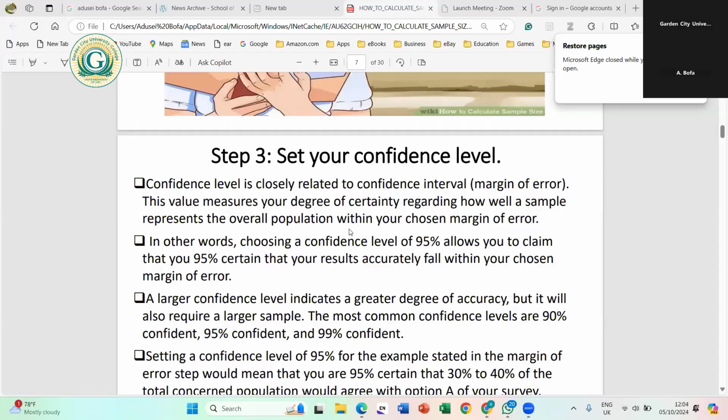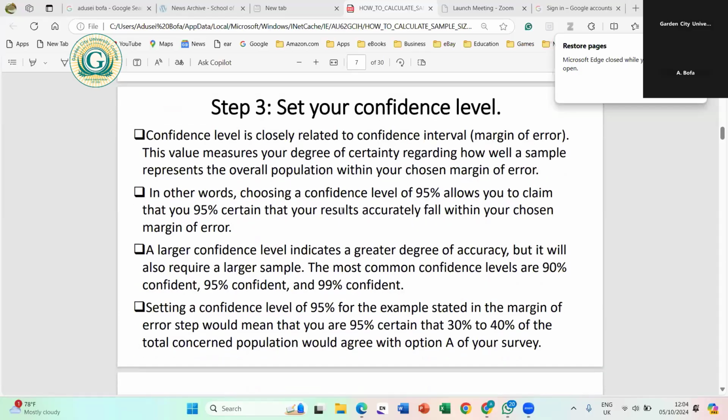And so if you choose, let's say, 95% confidence level, then you are sure that, oh, okay, I'm 95% confident that whatever I'm doing is going to be a true reflection of the population. But one thing is, the confidence level that you are going to choose will help you get what we call the Z score.